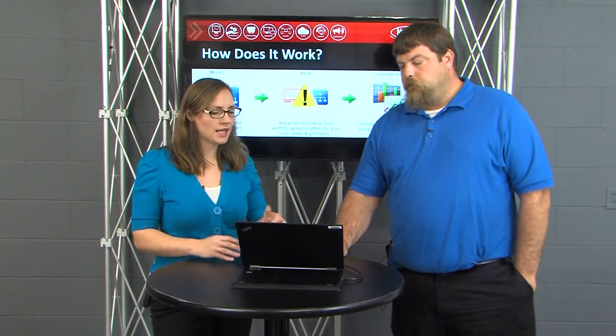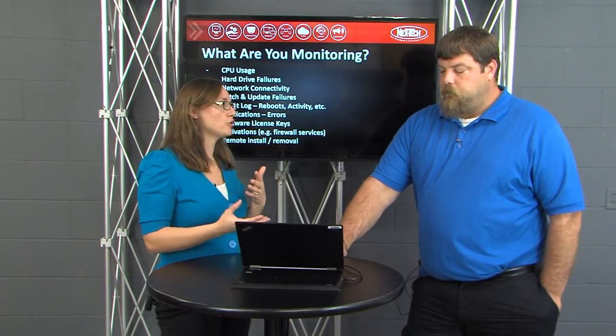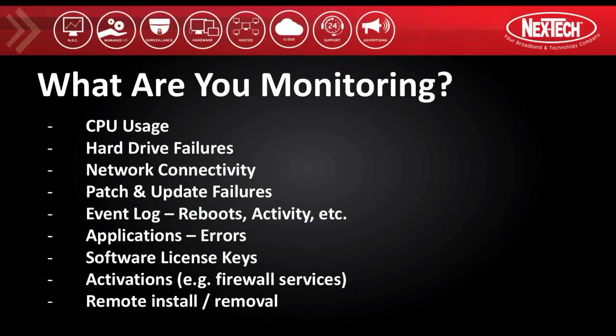Cool. Well, that's really interesting. So let's get into more details of what exactly we're monitoring and what we're actually looking for. You mentioned it's desktops and servers. Those are the main devices you're looking at. Correct. Those are the main devices we're watching. And as you can see on the screen here, we're watching CPU usage, hard drive failures. No point in reading all this. The big one is the event log and the application errors.